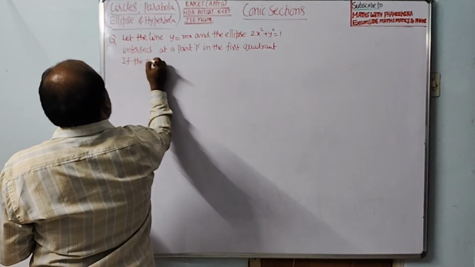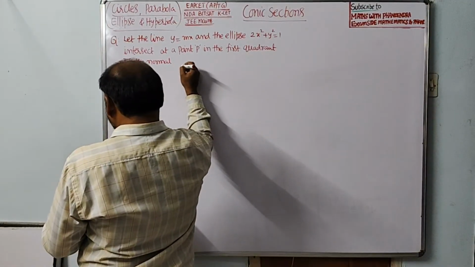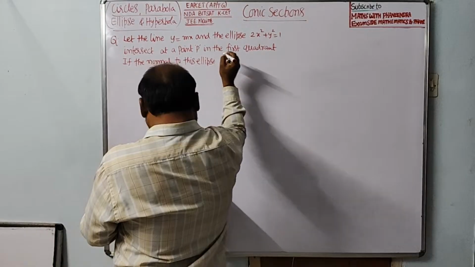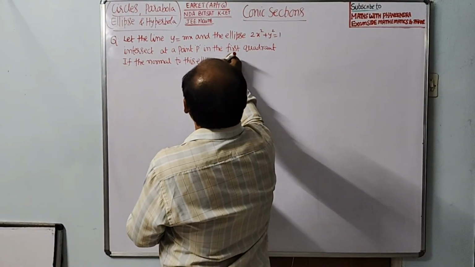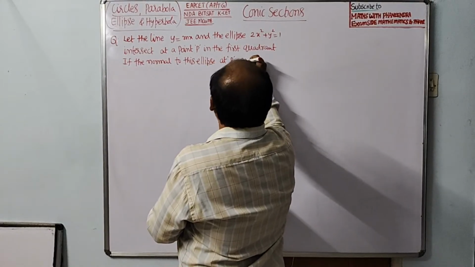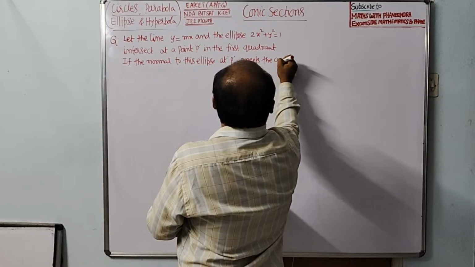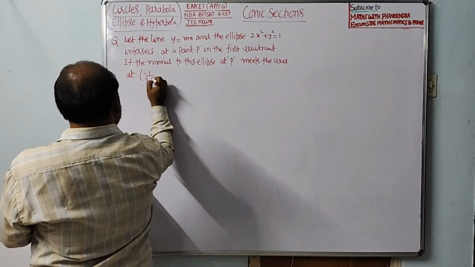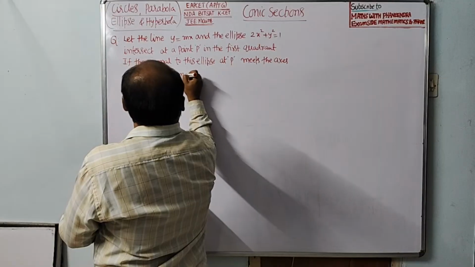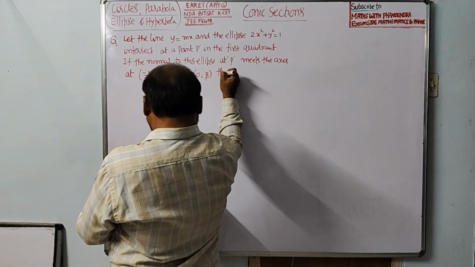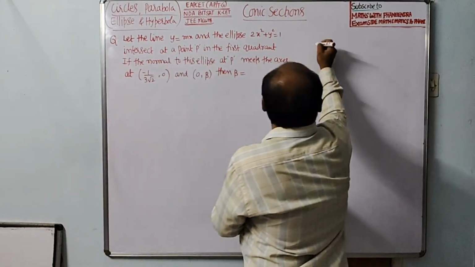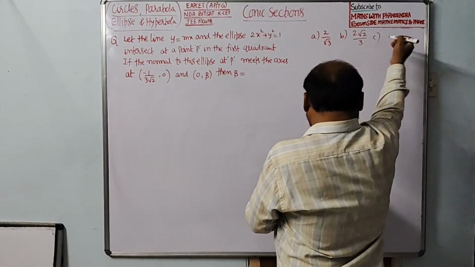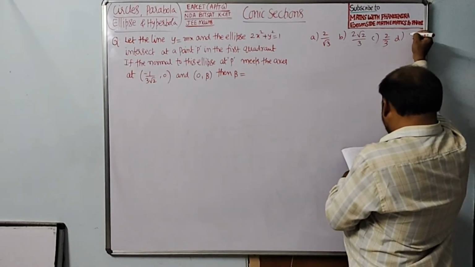If the normal to this ellipse at point P meets the coordinate axes at minus 1 by 3 root 2 comma 0 and 0 comma beta, then beta is equal to, so the options are 2 by root 3, 2 root 2 by 3, 2 by 3, root 2 by 3.